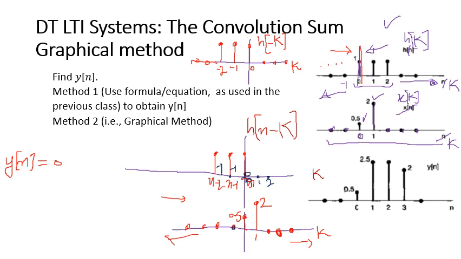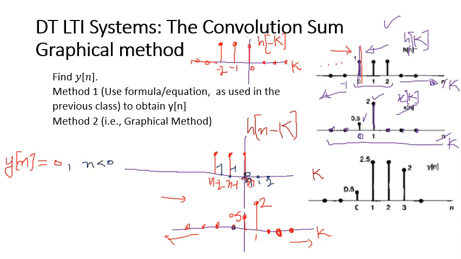So when n was at position -1, the product of all were 0.